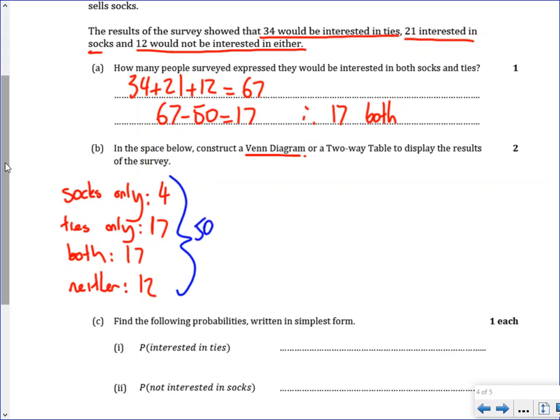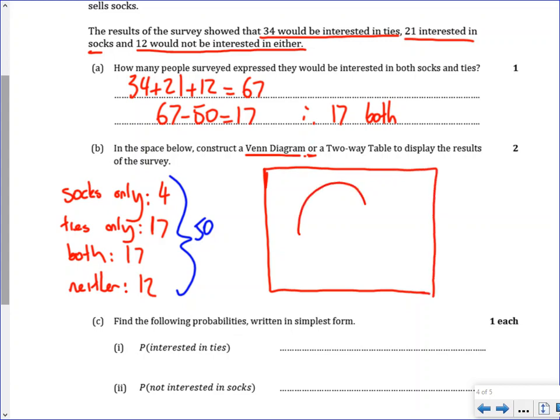Alright? So now that we've got that, let's put it into our Venn diagram or two-way table. Again, I'm just going to do a Venn diagram here because we just need to do OR. So, first of all, our Venn diagram needs to start off in a box. And because there is a both section, that means those circles will overlap. More on that in a bit. So how about we have this for socks, this for ties.